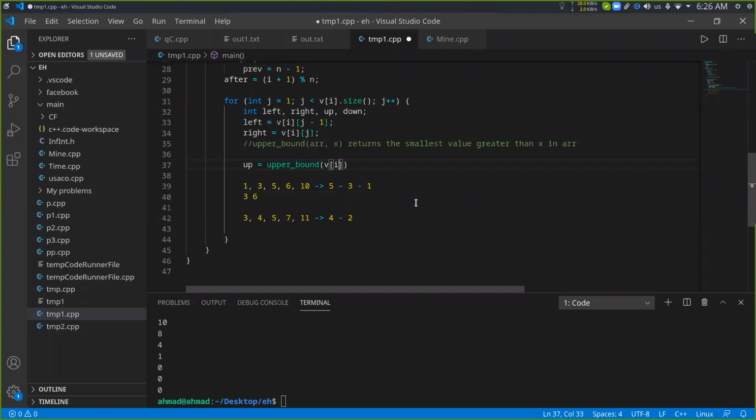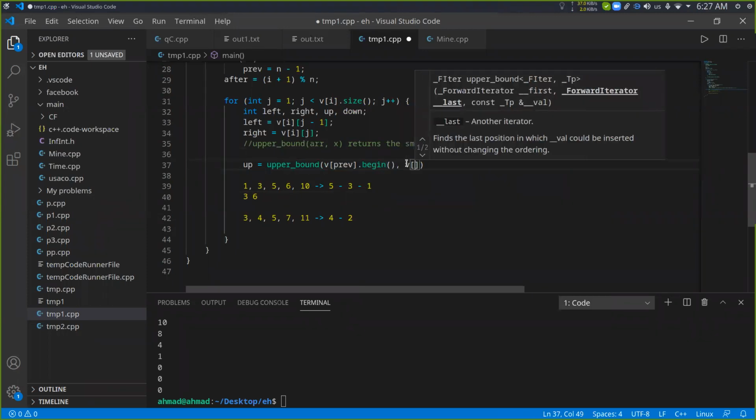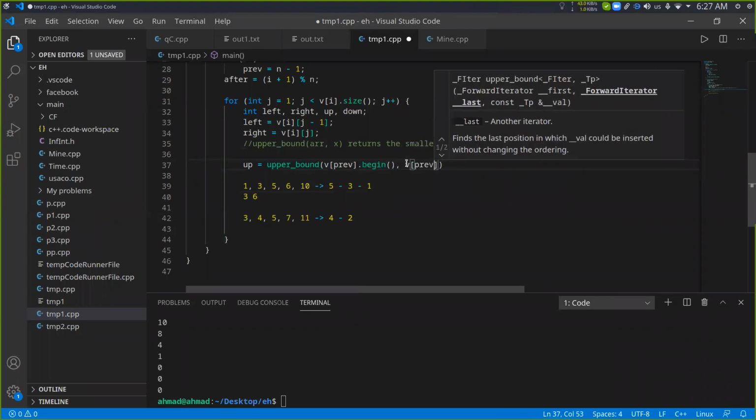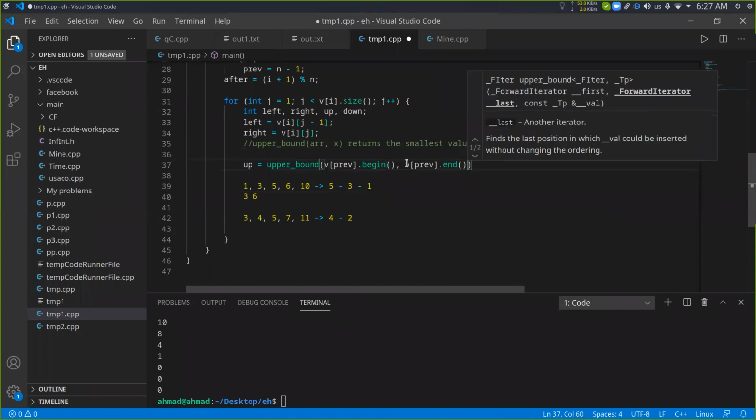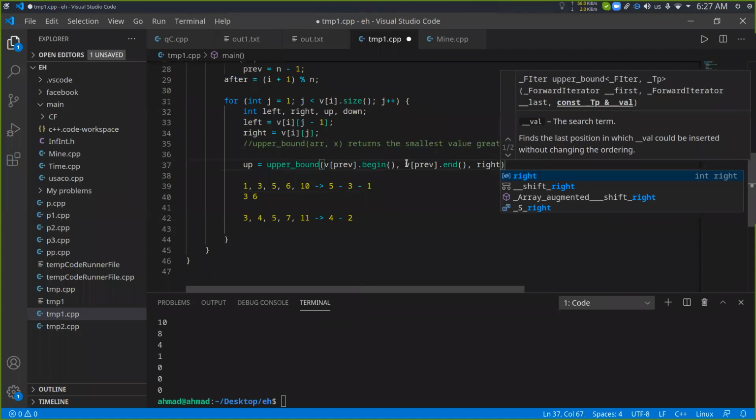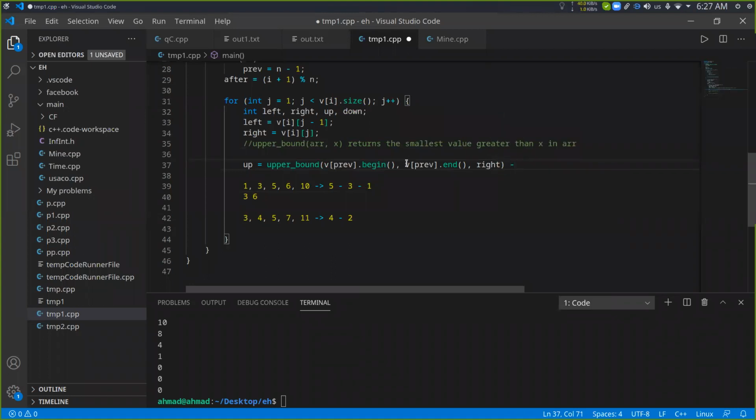So I'll write v of previous dot begin, an iterator to the first element, and dot end, an iterator to the last element, and then I'm searching for an upper bound of right. I'll subtract this by the upper bound of left.